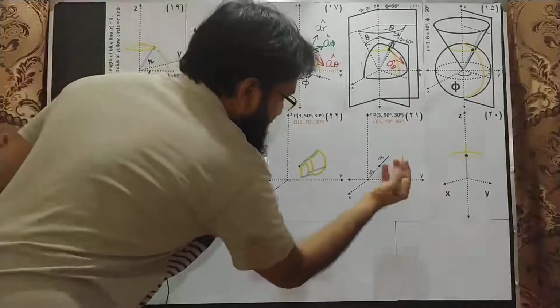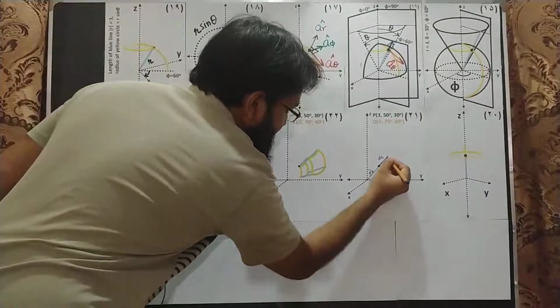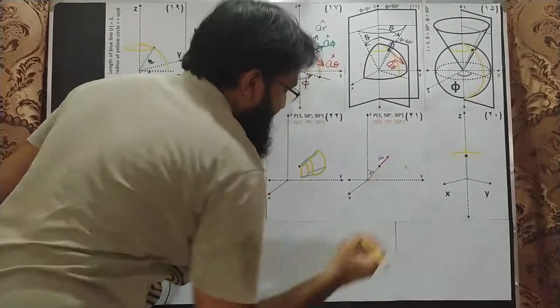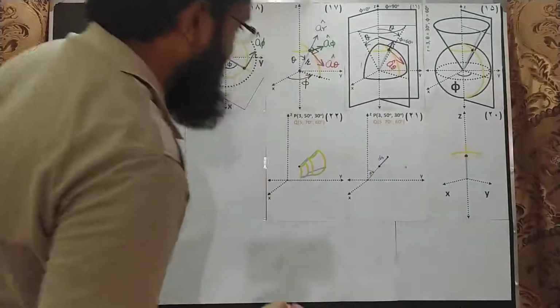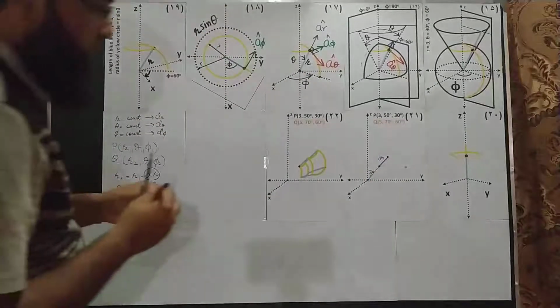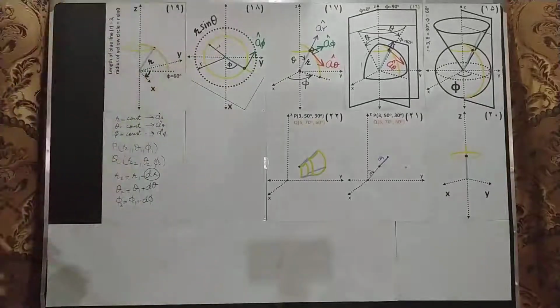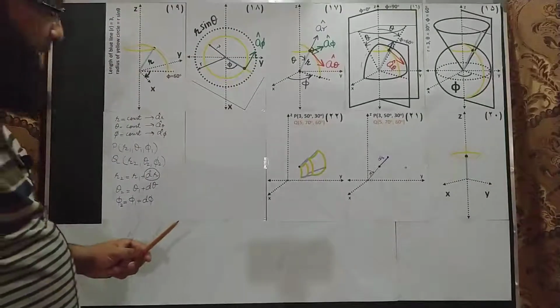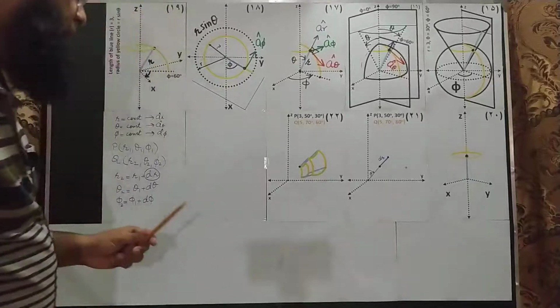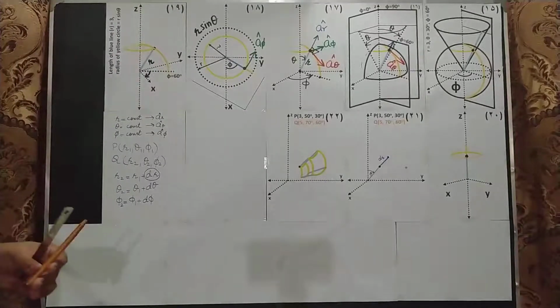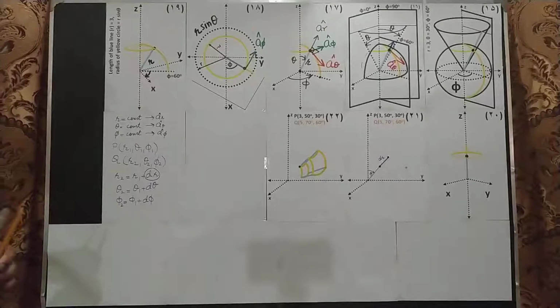So the new point would lie on the same radial plane, which makes angle phi 1 with respect to the x-axis.